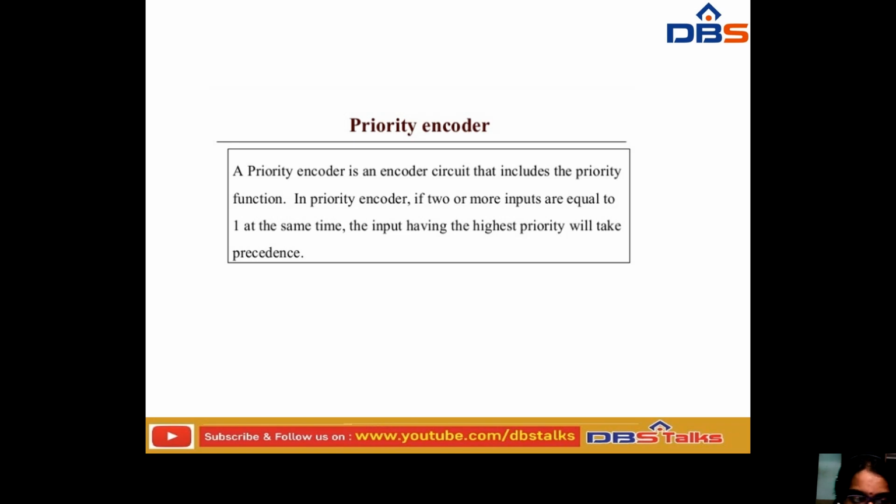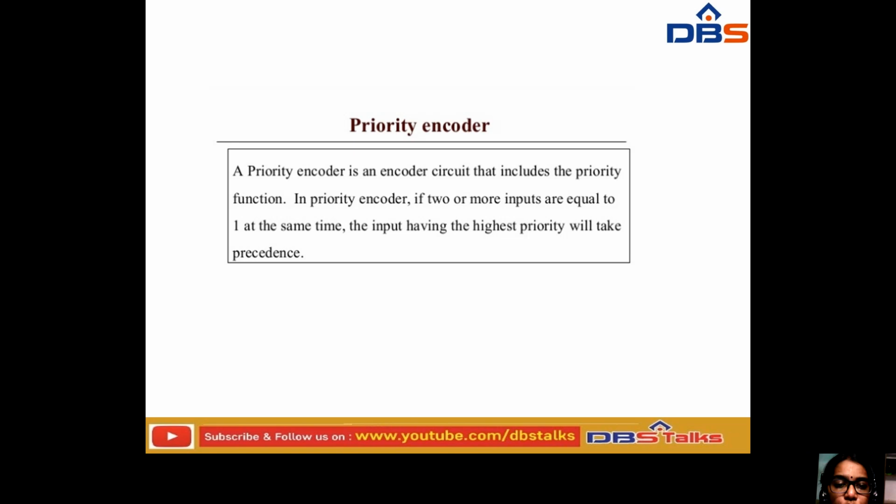So if you have observed this priority encoder, it is a circuit which is going to mainly concentrate on the priority. What is the priority that we are going to give for that circuit? If you have observed that concept clearly, then we can easily know about the priority encoder.